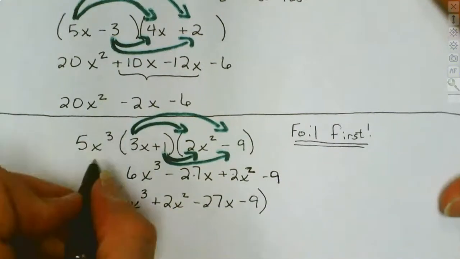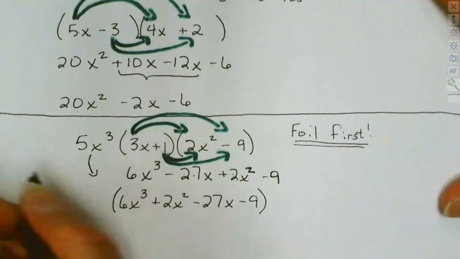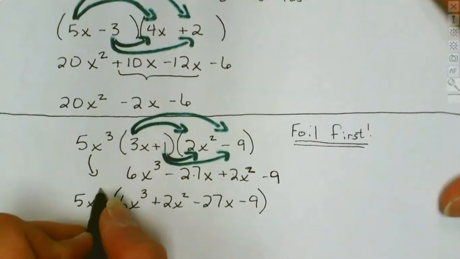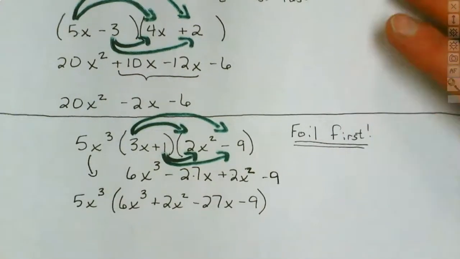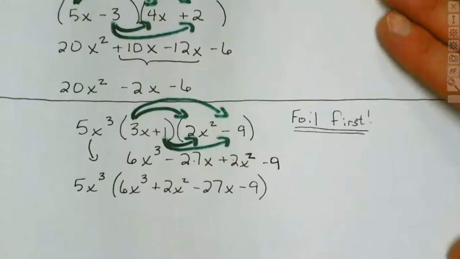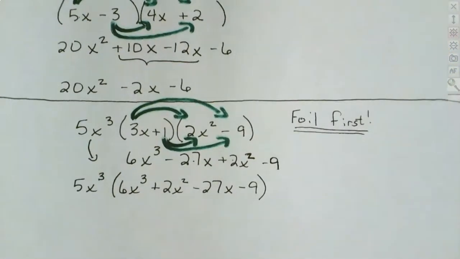And don't forget what's still out in front of all of it: 5x cubed. So we FOILed. We wrote it from the highest power of x going downward. That's the way we usually go. We pick a variable and write it going downward with that variable.